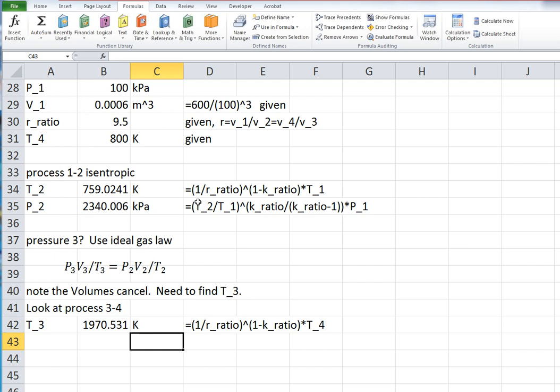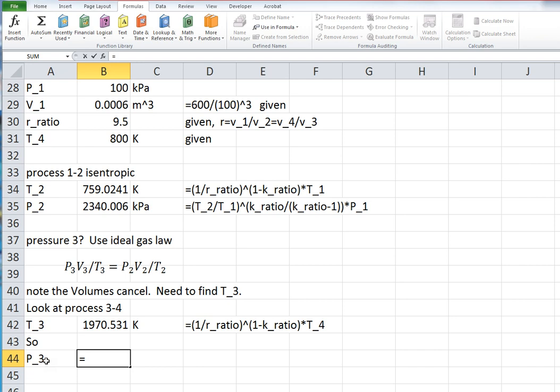So we find out that it's 1970 degrees K, and with that then we can turn around and calculate P3 from P2.